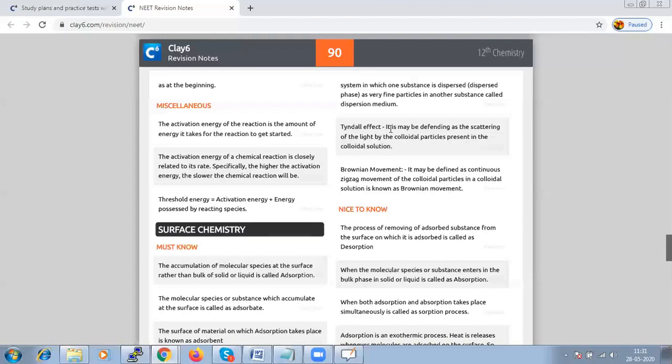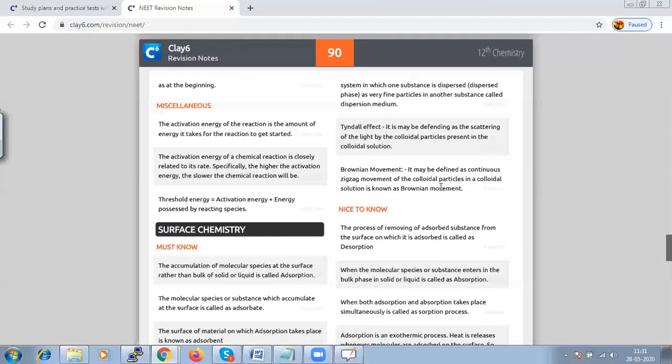And next one is Brownian movement. Brownian movement is the continuous zigzag movement of the colloidal particles in a colloidal solution, and this totally depends on the size of the particle and the viscosity of the colloid.